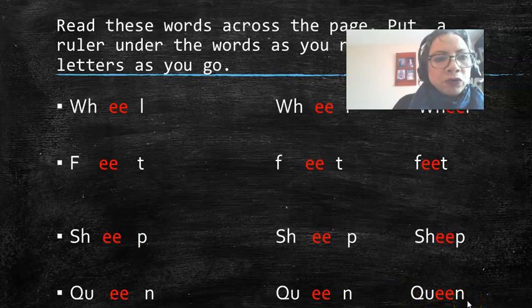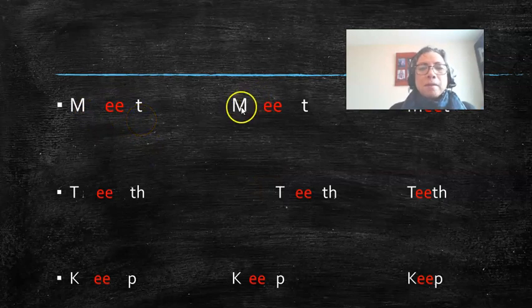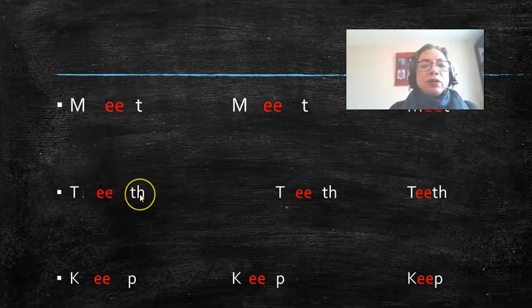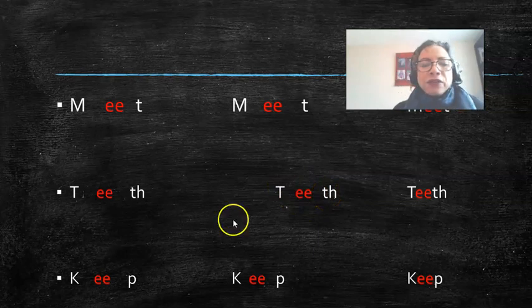Let's take a look at more words. "Ee, t," and that is meat. T, "ee, th," that is teeth.